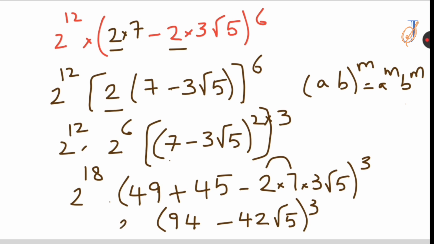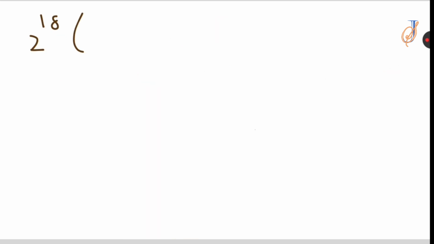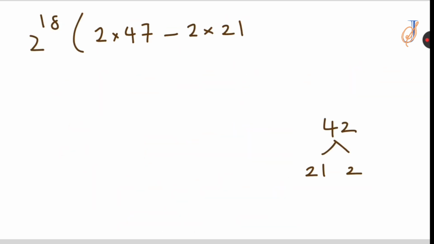And starting we have 2 raised to the power of 18. This 94, if you write in terms of 2, that is 47 times 2 which is 94. So we can write this as 2 times 47 minus, this 42 also we can write in terms of 2, that is 21 times 2, 2 times 21 root 5, whole power 3.